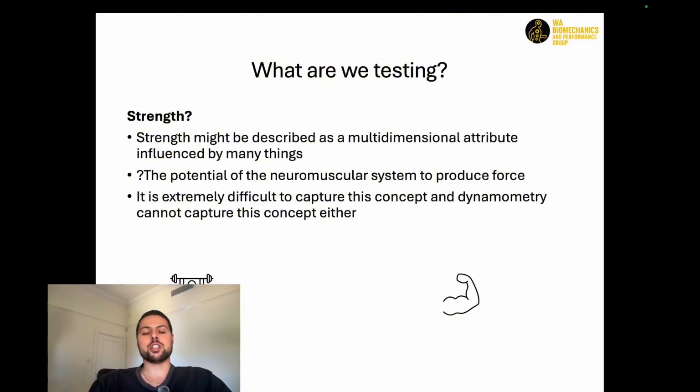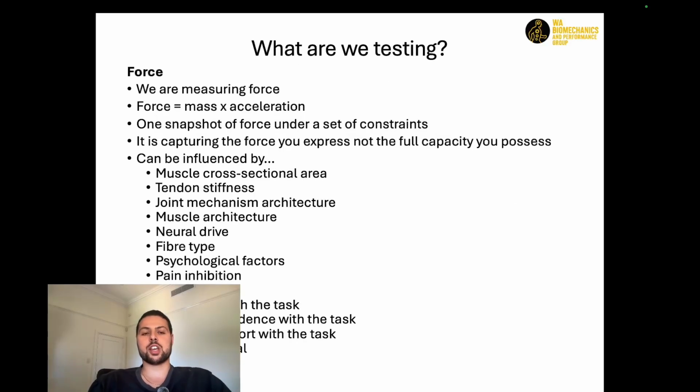I don't think it does capture that, in fact. So what I suggest we're actually testing is force. I implore you to think that we're not testing strength, we're measuring force. We're measuring one snapshot of force under a very tightly set of constraints.